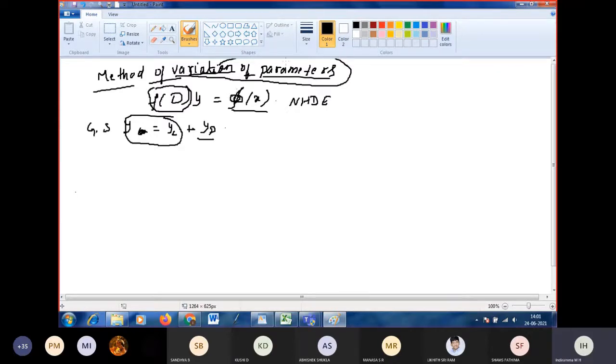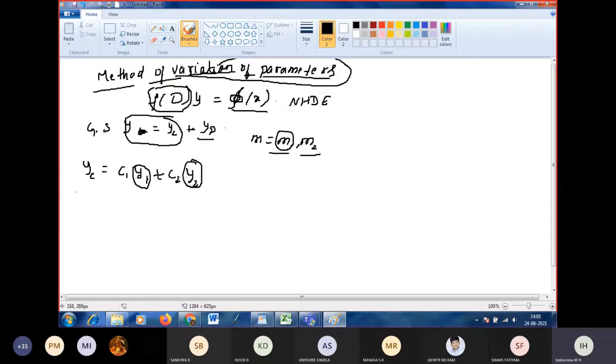Next I will explain the method. What is YC in general? Suppose you have m equal to m1 and m2 as roots, two roots that are real and distinct. Then we can write YC as C1 Y1 plus C2 Y2, where Y1 is the solution for the first root and Y2 is the solution for the second root.